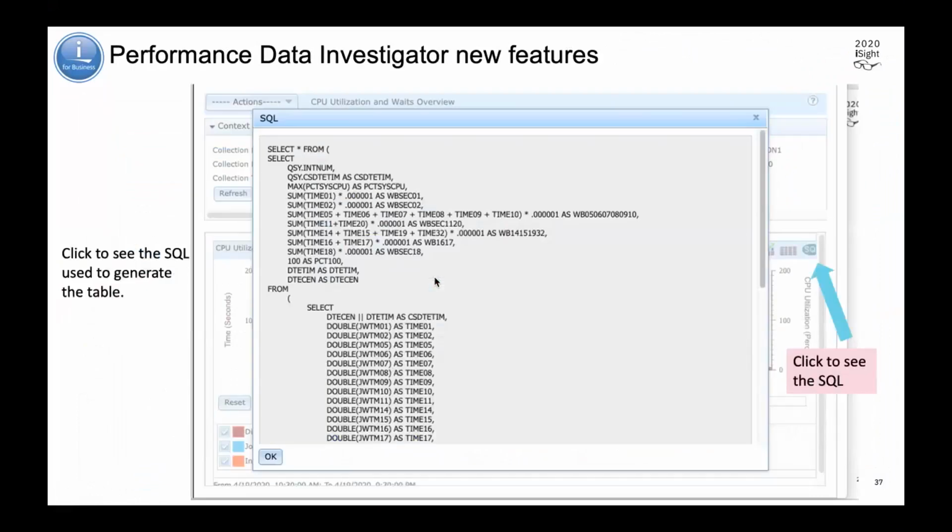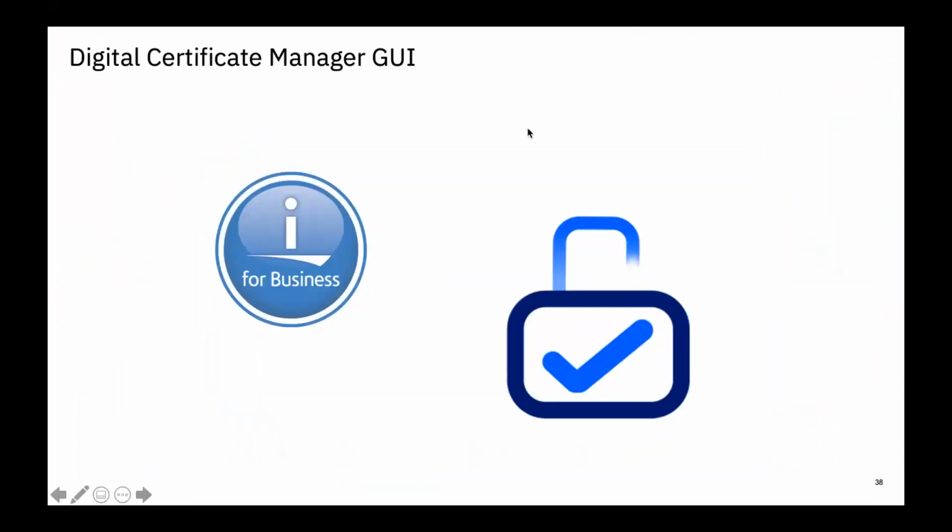Any other questions about Navigator? Because I want to switch to a couple of other topics. One of the other interfaces that we delivered is now available in 7.3 and 7.4. If you need to manage your digital certificates, you may have been aware that we had a fairly rudimentary interface that was a bit clunky and hard to use, the Net.Data one, Anton, that's exactly what I'm referring to.